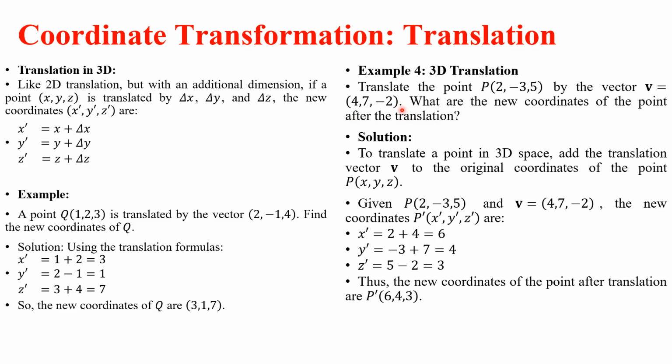Basically, the new point is found by adding the corresponding changes in x, y, and z, and that will be by adding 4 and 2, -3 and 7, as well as 5 and -2. So playing around with that shows that the new coordinate of P will be 6, 4, and 3.